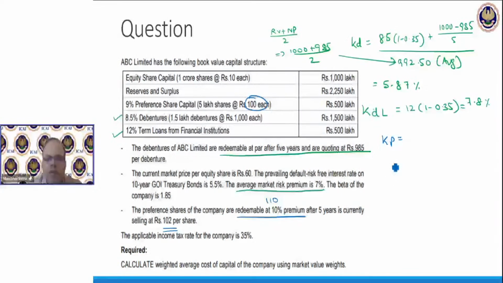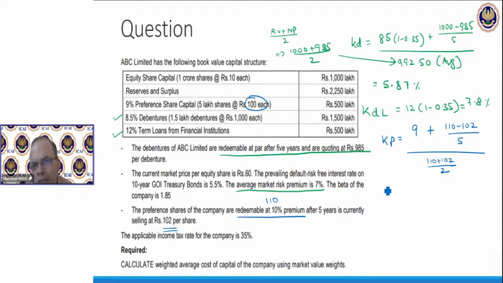There is no tax benefit here, or if there is, let me know, please. 110 minus 102 divided by 5. And then in the denominator, 110 plus 102 divided by 2. That's how you calculate, right?